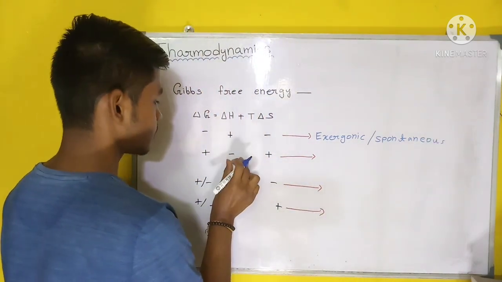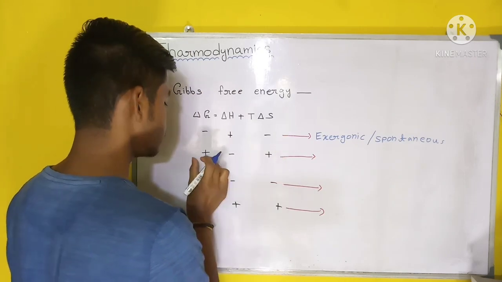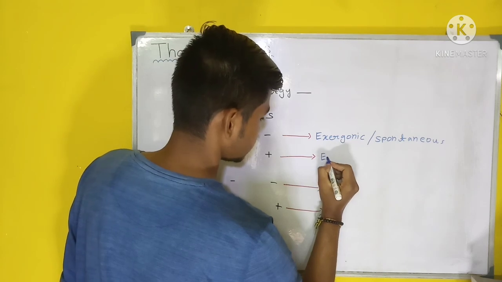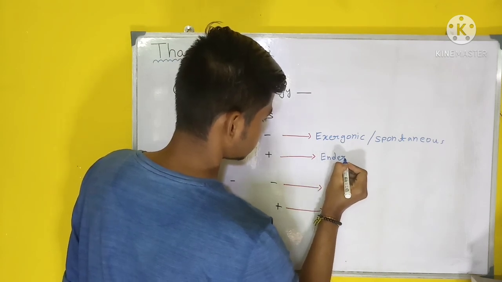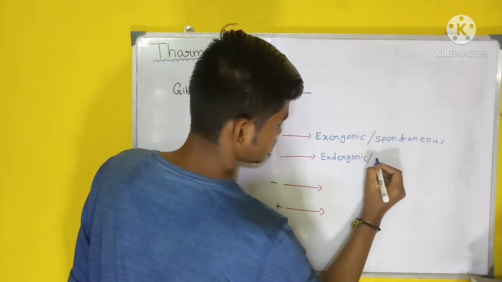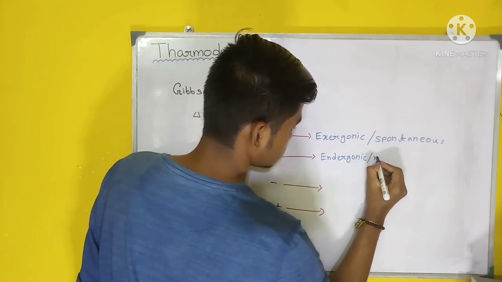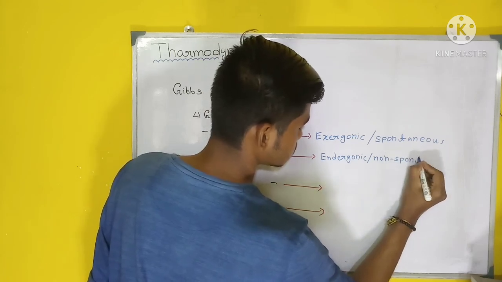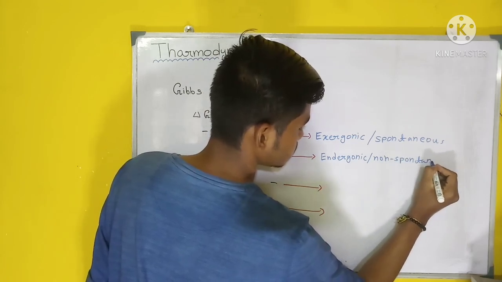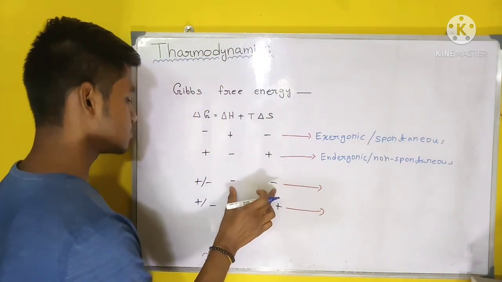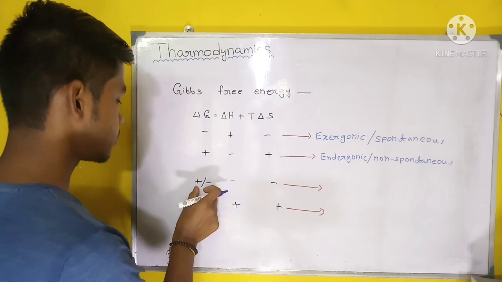Suppose it is negative, it is positive, it will be positive, that means it is endergonic, that means it is non-spontaneous. Suppose both are negative, it will be positive slash negative.